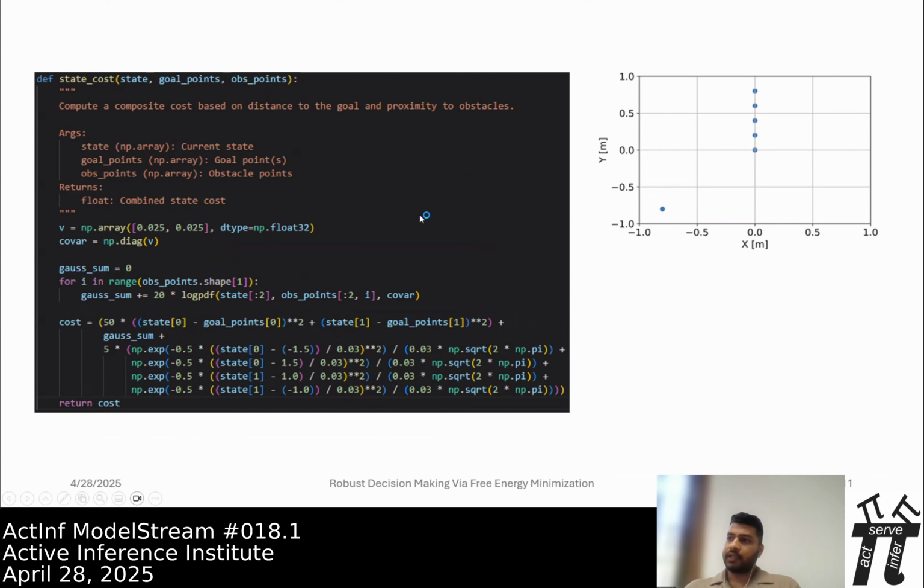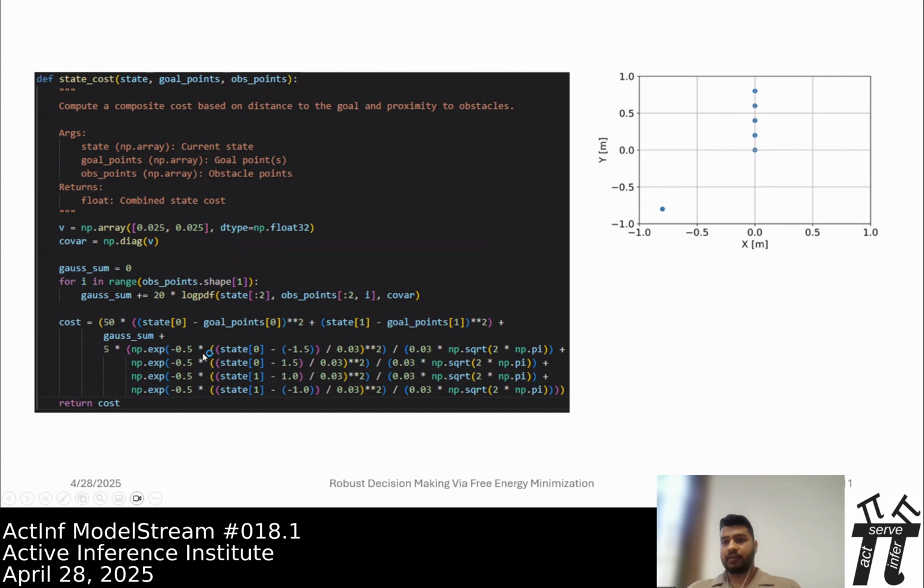Here are the locations of the obstacles on the work area of the Robotarium, and we center the RBF kernels around these blue points, and we get the Gauss sum. So basically, when you are near an obstacle, that second term will have a very high value. It will shoot up.